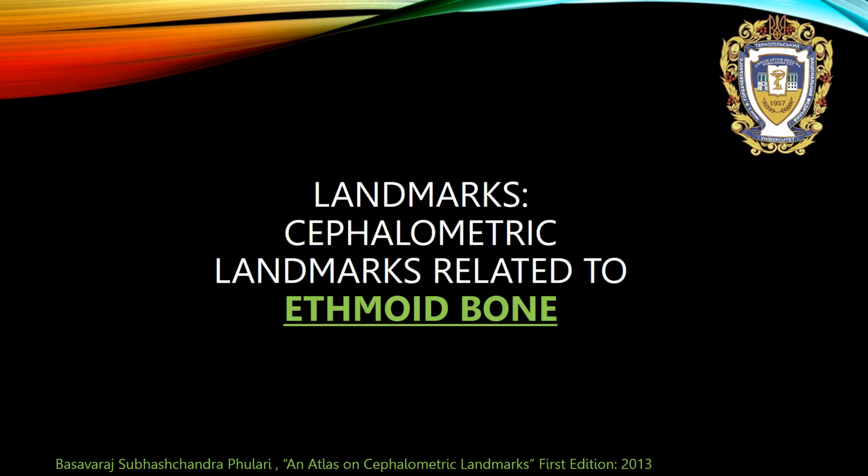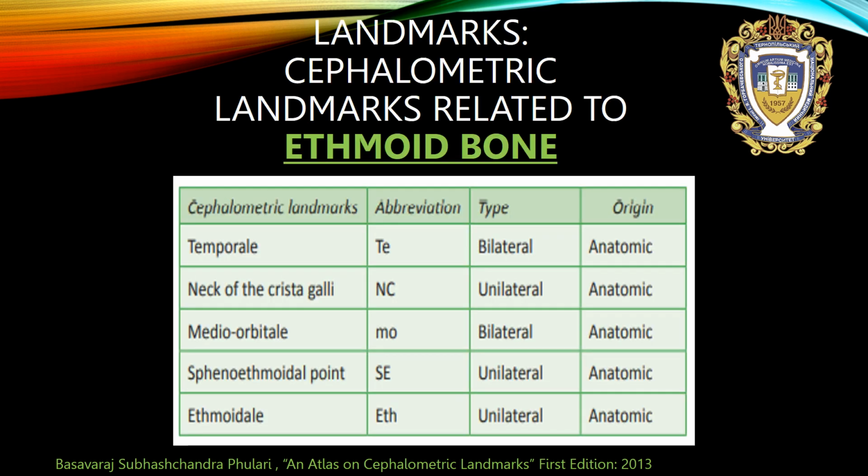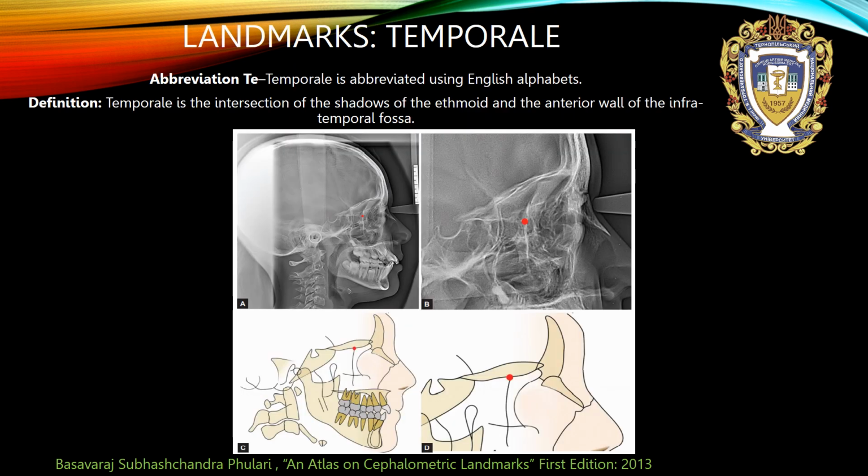Main landmarks related to ethmoid bone. There are 5 landmarks: temporale, neck of the crista galli, medio-orbitale, sphenoethmoidal point and ethmoidal point. The most important is temporale. It is the intersection of the shadows of the ethmoid and the anterior wall of the infratemporal fossa, like here.